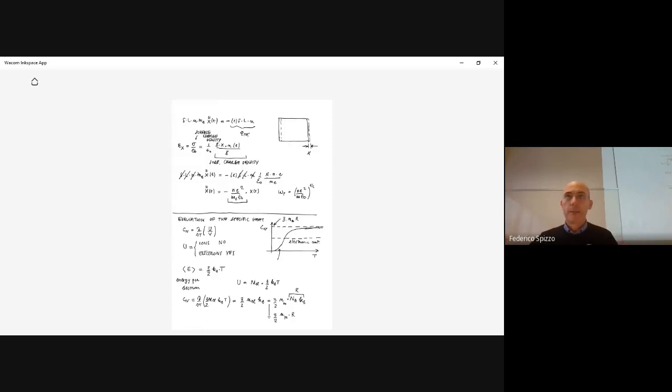So a lot of novelties appeared, and those novelties were then used for the description of the solid state. Just to summarize the main hypotheses of the model and the details that were obtained by the model.